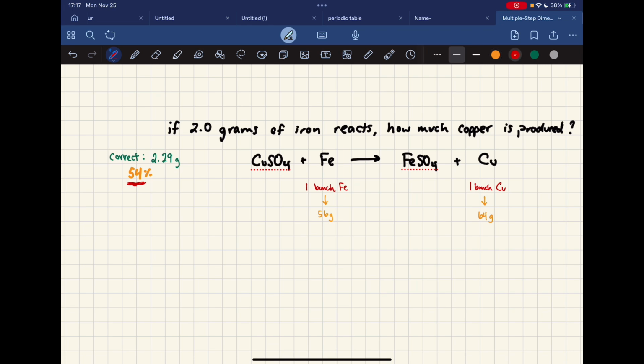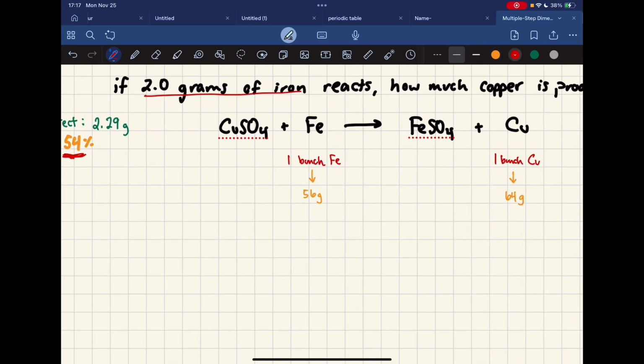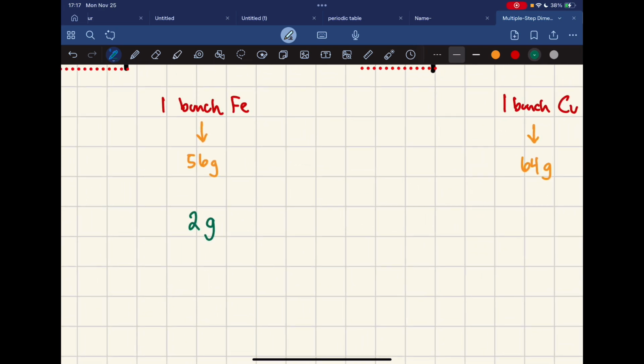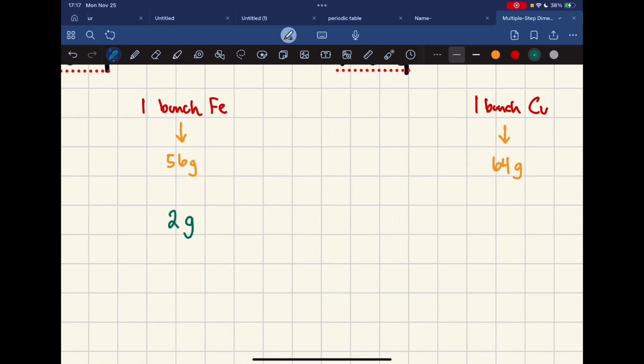And I can scale down right away, because I know that 2 grams of iron are reacting. 2 grams obviously is less than 56. So my question is how much less? How many times less, I guess? So what is that scale factor there? That's a scale down of a factor of 28.